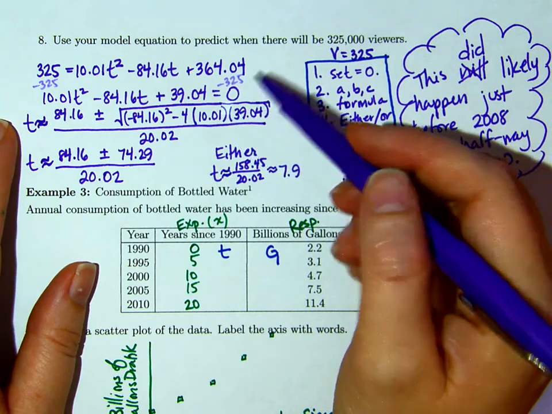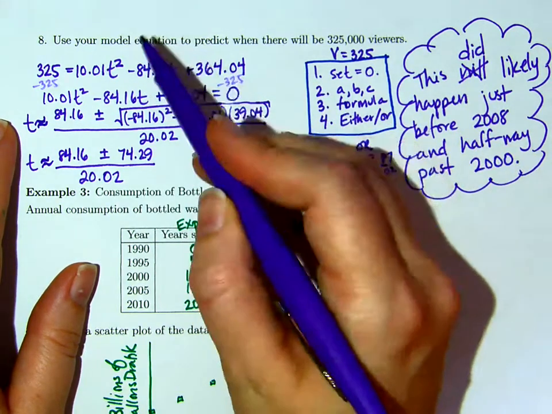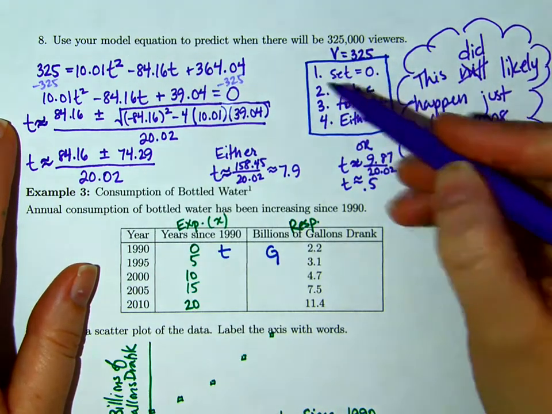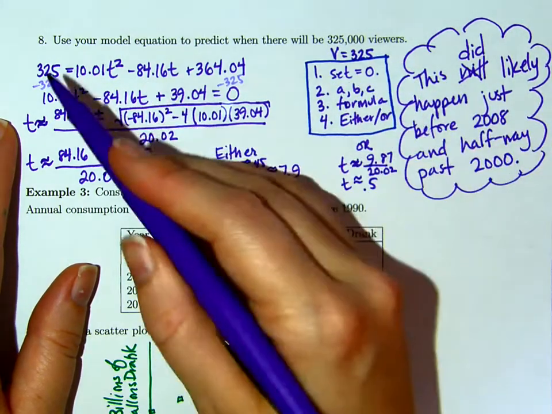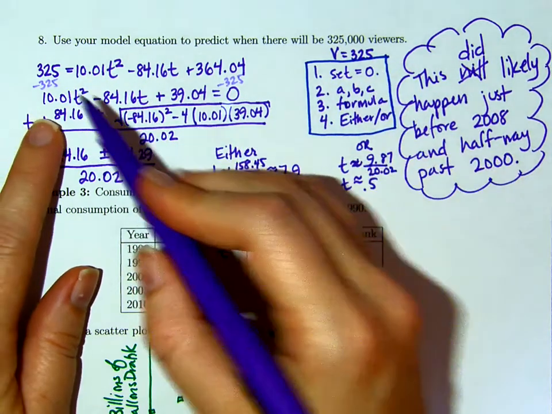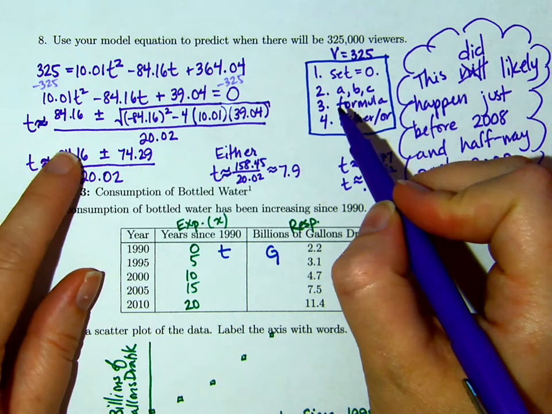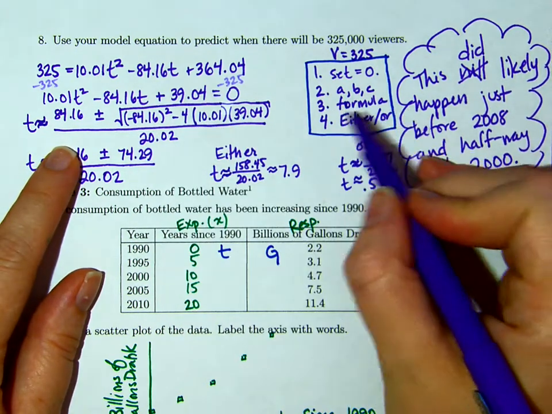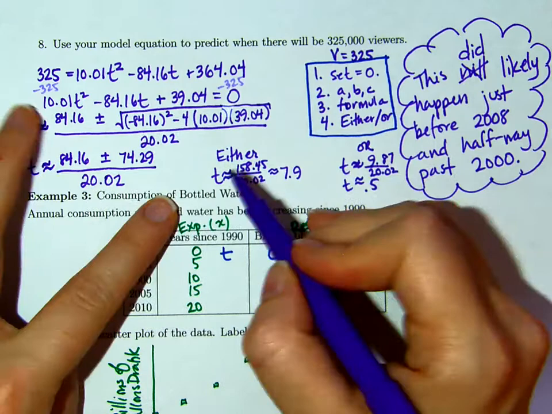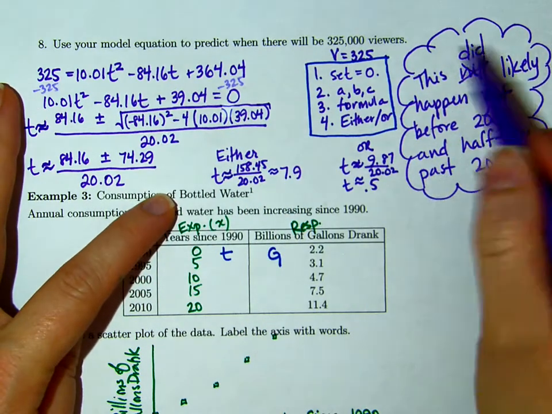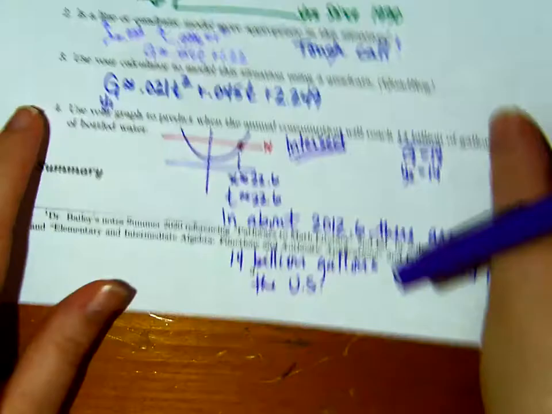If we are using the equation, we follow these steps. Number 1, set it equal to 0, write down the a, b, c, put them into the formula, compute, do your plus or minus, and then write down our answer.